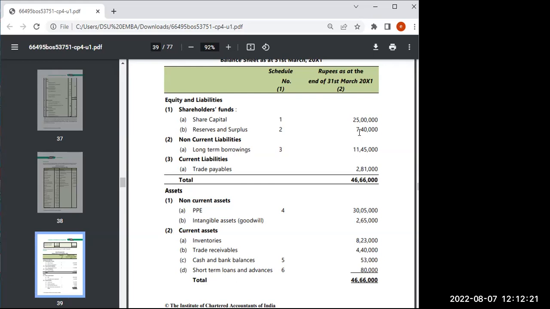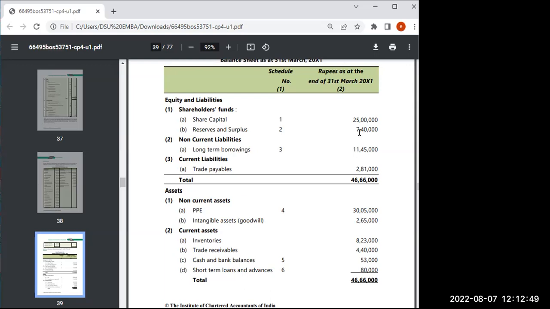So total surplus is 2,50,000, minus any surplus used to create a reserve for the current year. Suppose the adjustment says 50,000 rupees from current year profit should be transferred to reserve. Then 1 lakh plus 1,50,000 minus 50,000. So the surplus up to now is 2 lakhs. So one part is 2 lakhs.